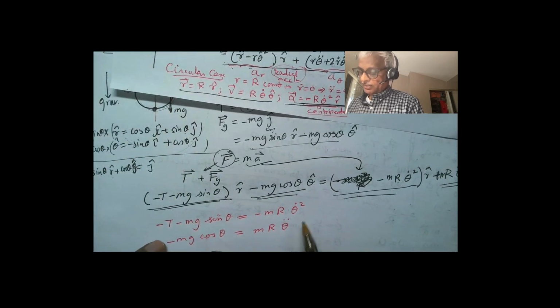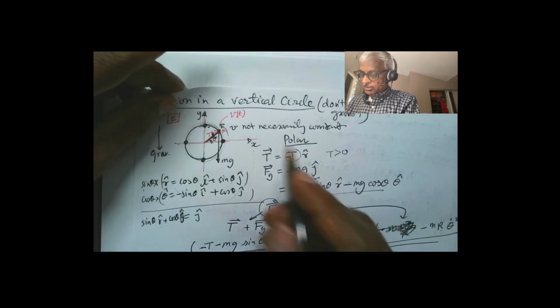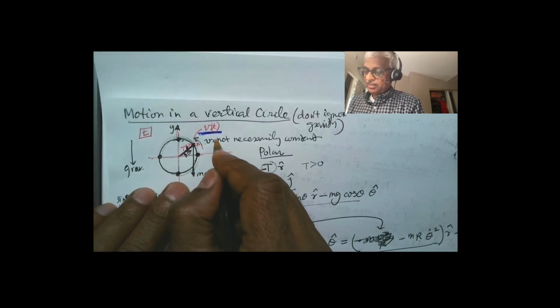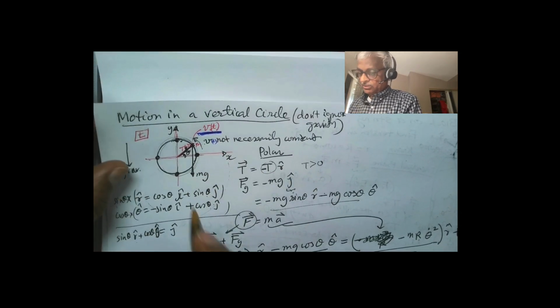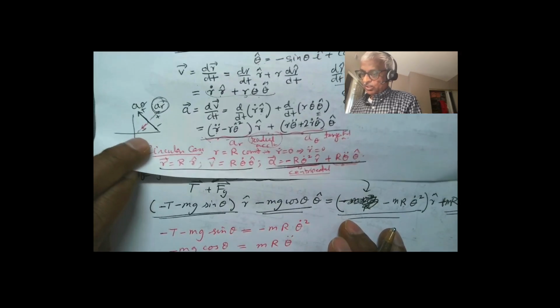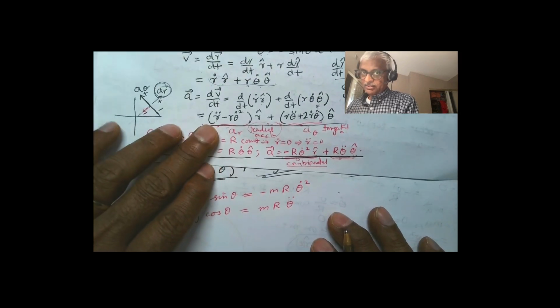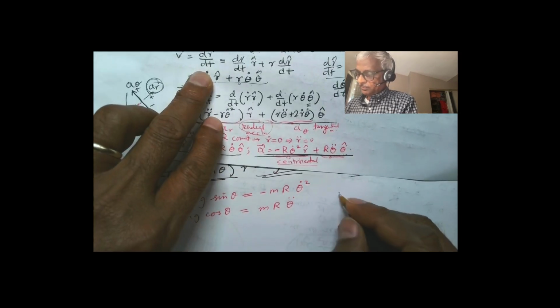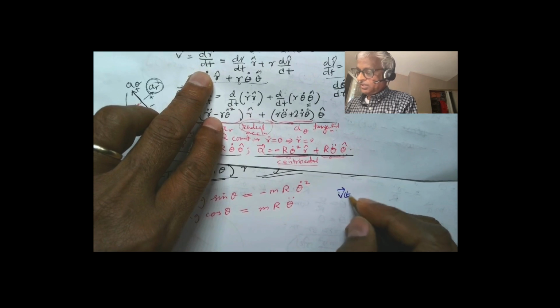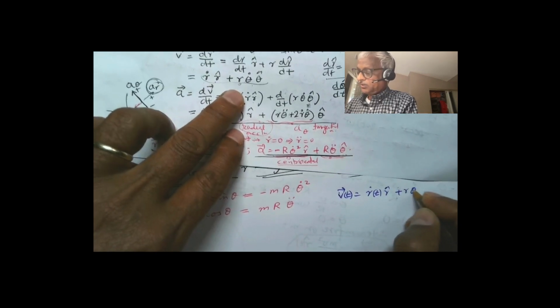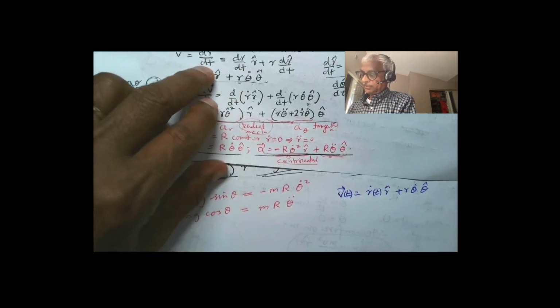Now, in our problem earlier, the problem statement had given the speed at that point as v of t. So I want to write this in terms of v of t. If you go look at our velocity vector, the velocity vector at time t is r dot r hat plus r theta dot theta hat.